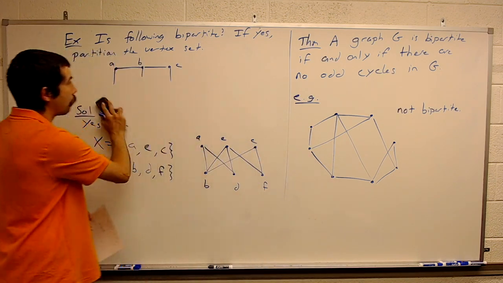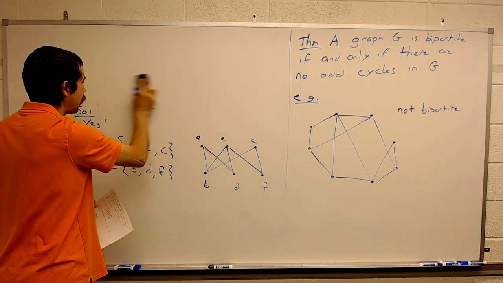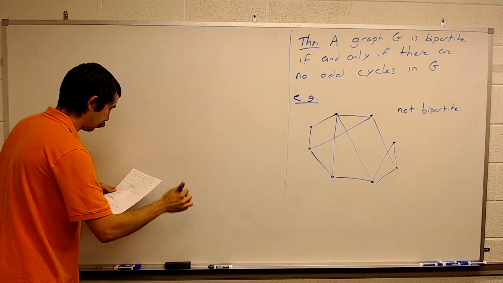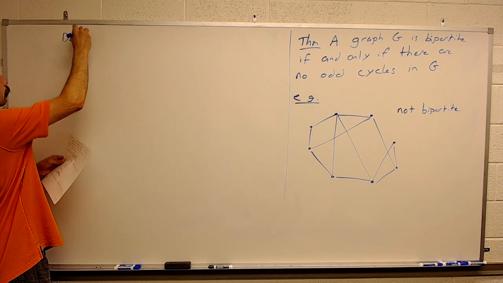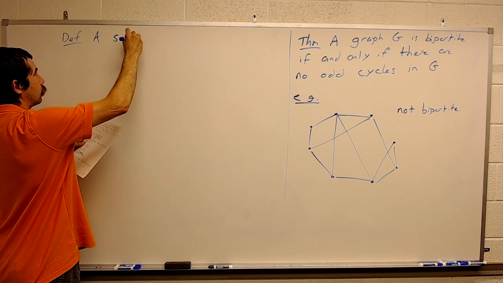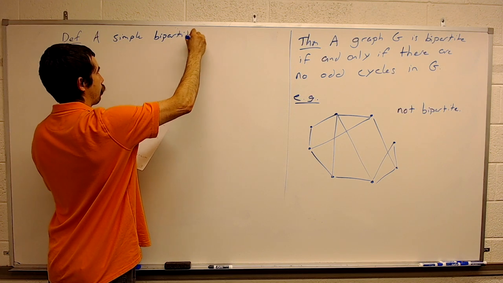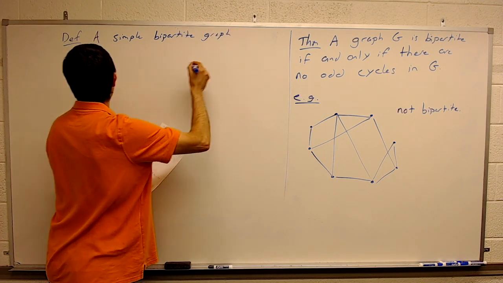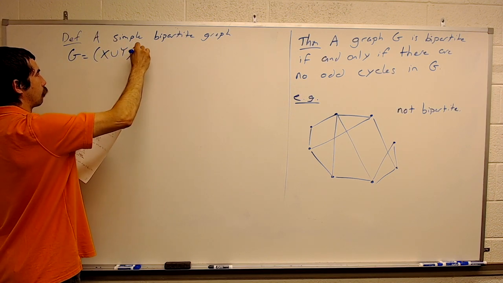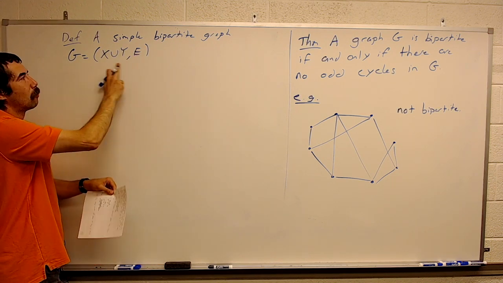And so one type of bipartite graph that's going to be useful for us is called the complete bipartite graph. So let's define that, and we'll look at a quick example. Here we have a simple, so no multi-edges, no loops, bipartite graph G. What does this mean?